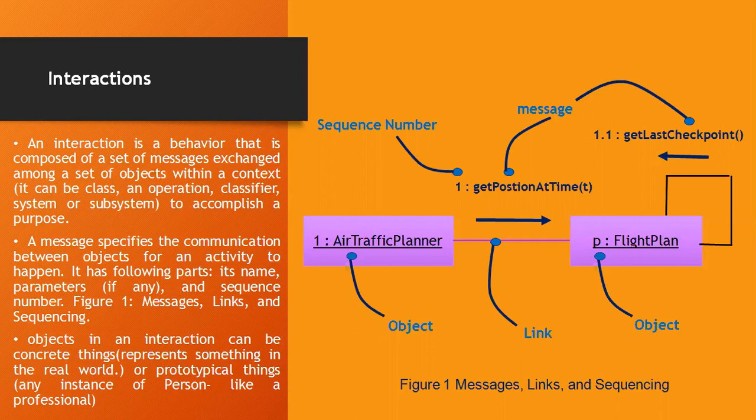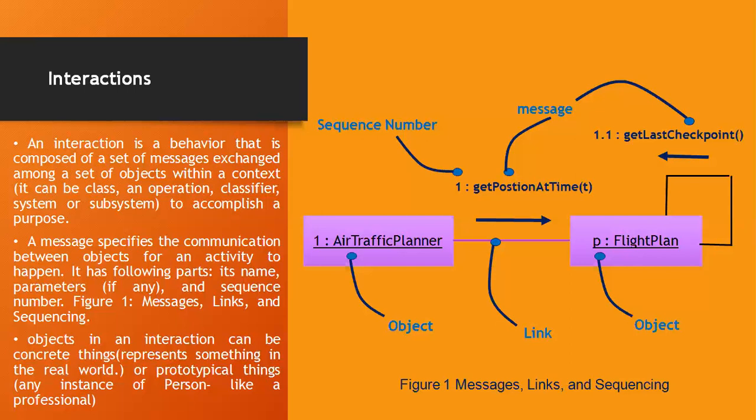In this figure you can see messages, links and sequencing. We have a sequence number, we have the message, and we have a link, and this link is between the objects.